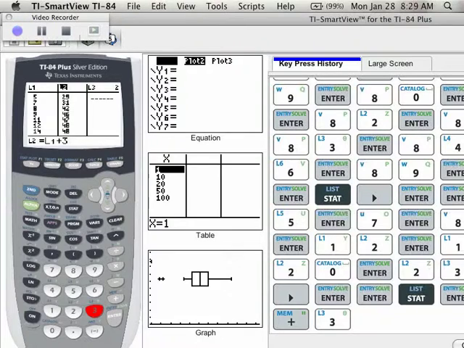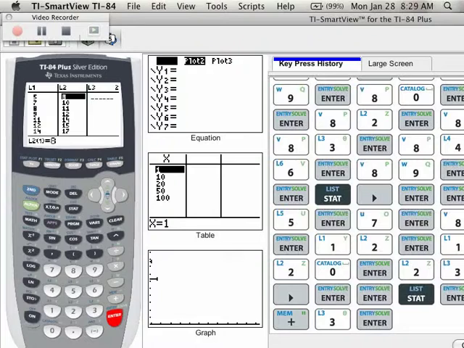Highlight list 2. Hit enter. Second L1, or second number 1, plus 3. And what you'll notice is everything in list 1 had 3 added to it. That's an easier way than redoing all of list 1, in my opinion.